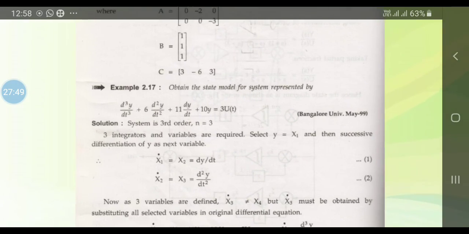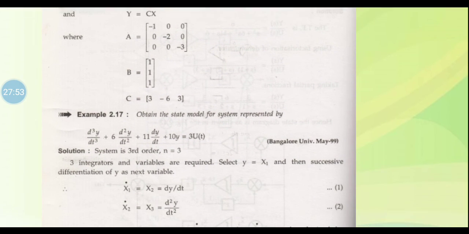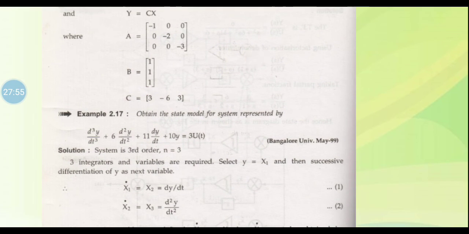So we have to take the equations of x1 dot, x2 dot and x3 dot. Seeing the Foster form, it has been written. So A is minus 1 0 0, 0 minus 2 0, 0 0 minus 3. B is 1 1 1. So what C will we get? 3 minus 6 3.